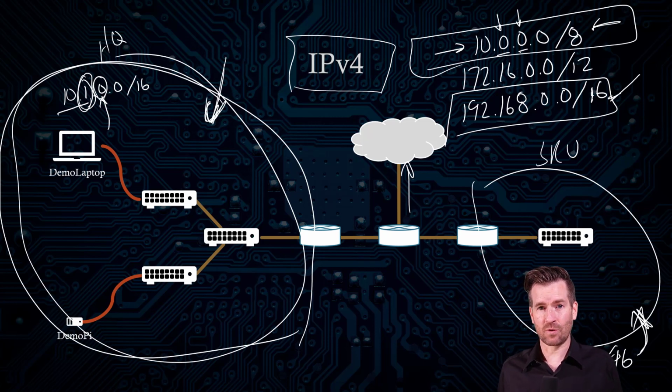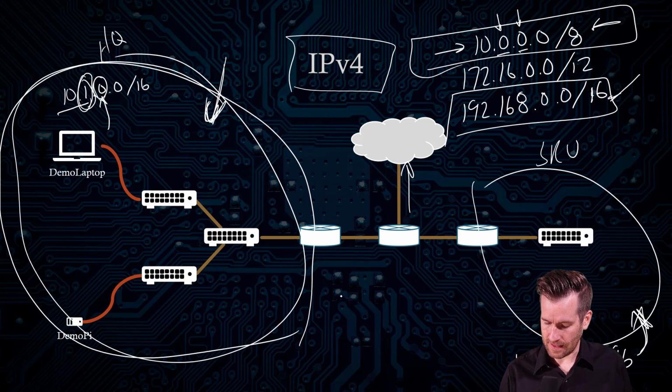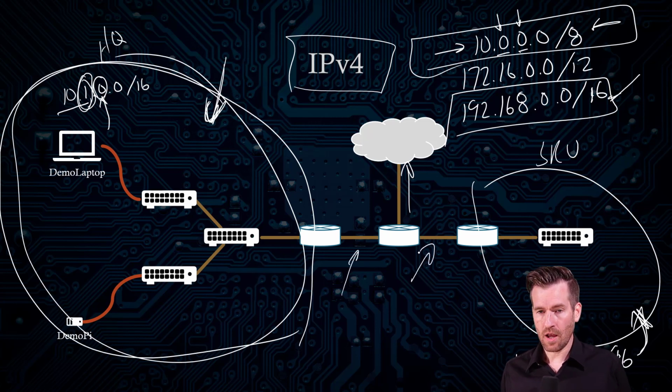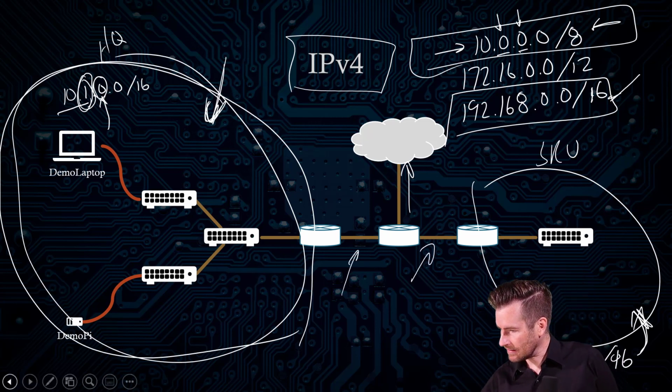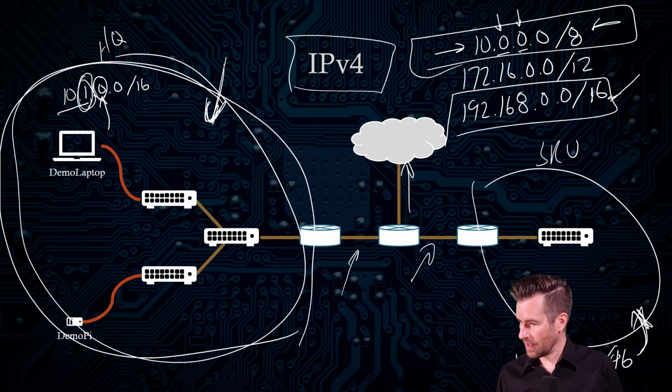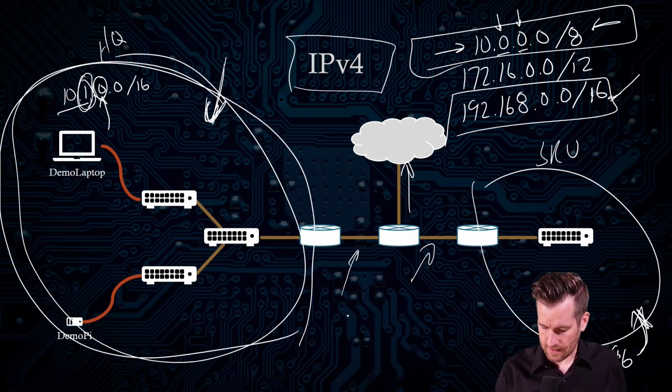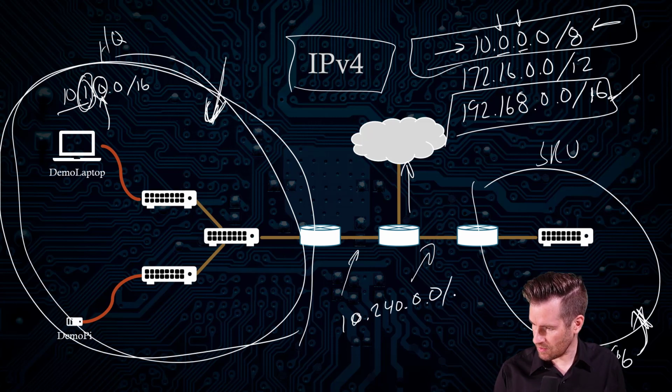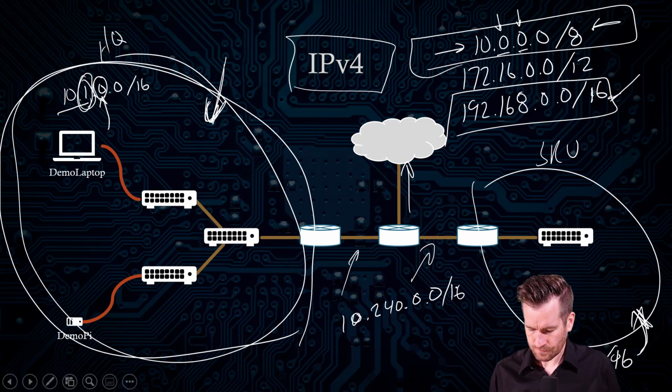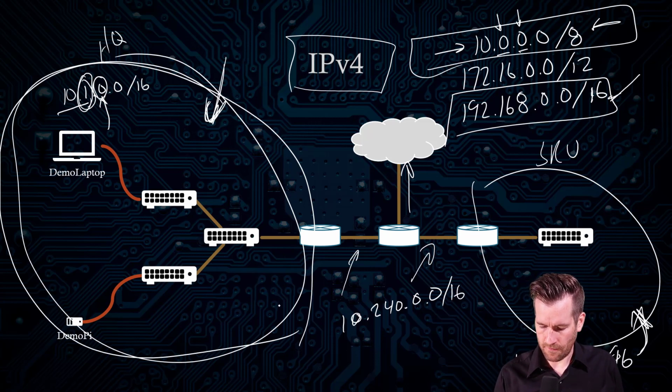And then what I like to do is further break this down. I still have these links between the routers right here, so I'm going to assign that, and I've got a little cheat sheet here that I'm pulling up. The 10.240.0.0/16 range is going to be for all of the networks that are in between.